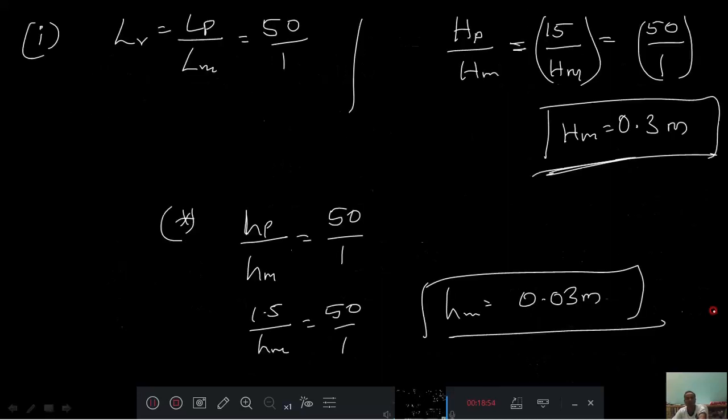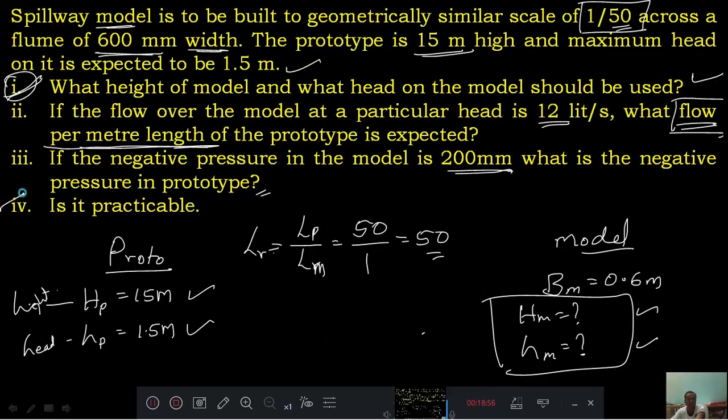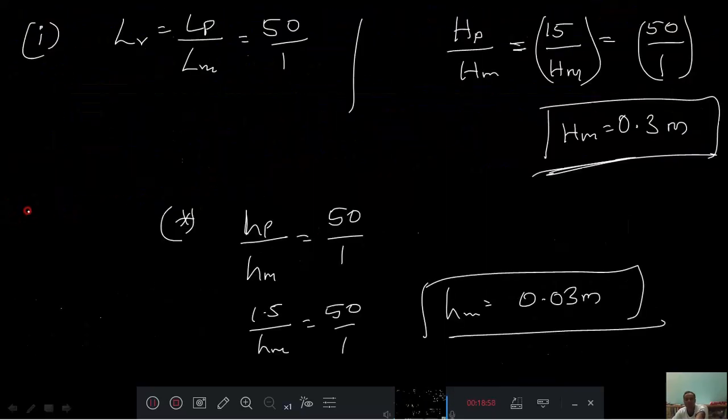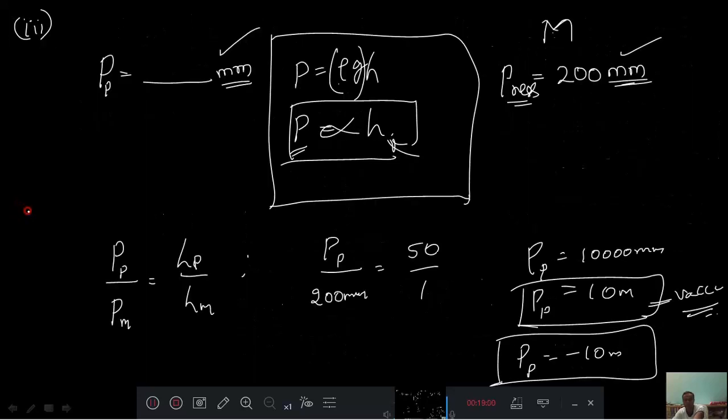Okay, then the last question: is it practicable, meaning can we make a model like this, they are asking. Here we should know one general piece of knowledge: for water, the maximum practicable negative pressure is minus 7.5 meter.